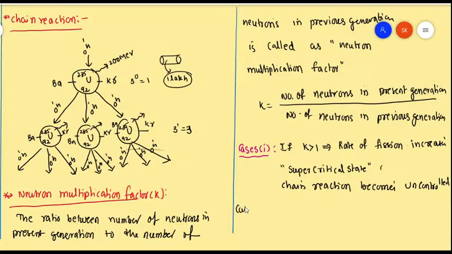Case 2 is: if k is equal to 1 or if k is less than 1, then what happens? First we will discuss k equal to 1. The number of neutrons in the present generation and previous generation are equal. You see here the number of neutrons in the present generation is 9, previous generation is 3. How will they be equal?